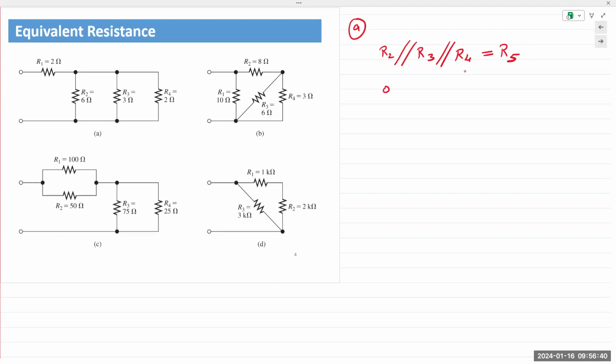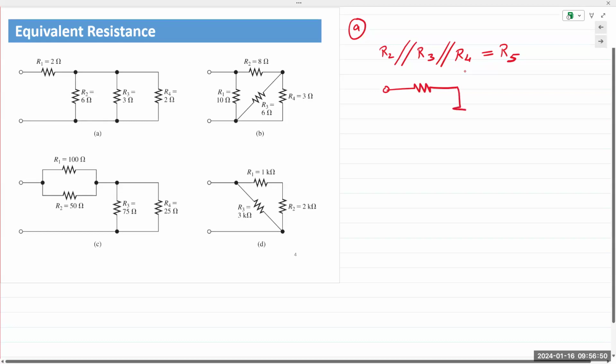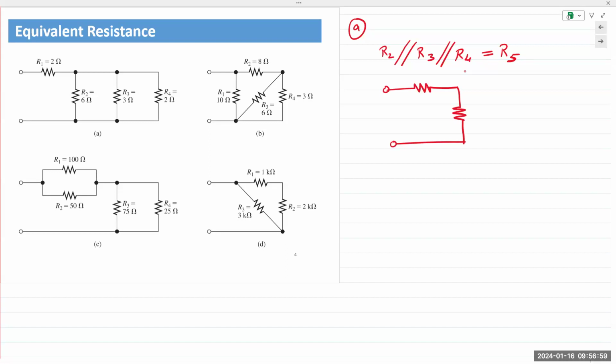Then, if we combine it together, what can we say about the relationship between R1 and R5? They're in series, right? Now, it might be quite obvious to some of you, but I need to ensure that it becomes obvious to all of you. You should be able to look at a circuit and identify within a few seconds which components are in series and which are in parallel.